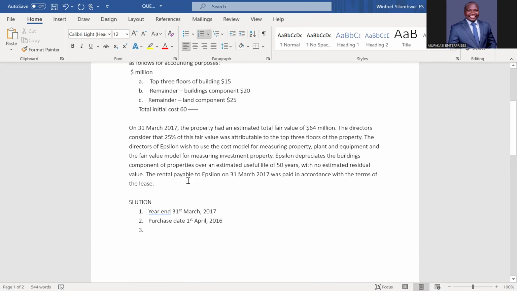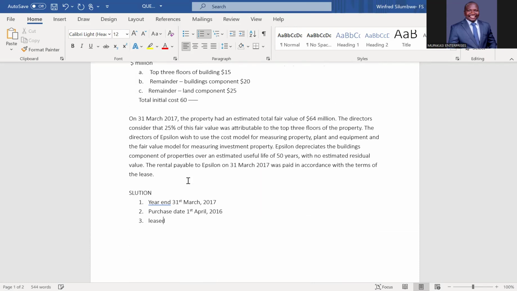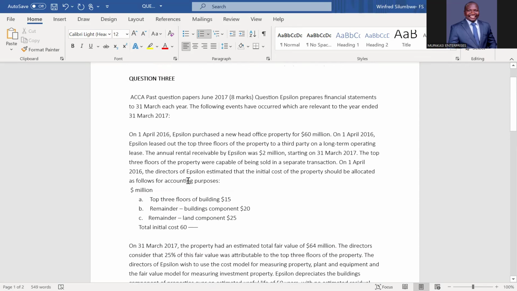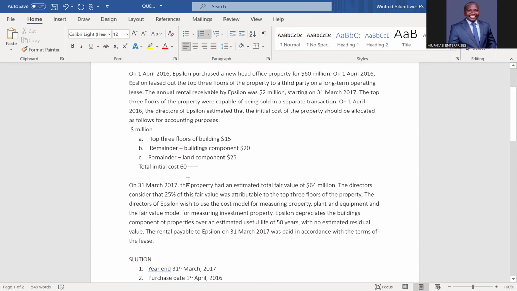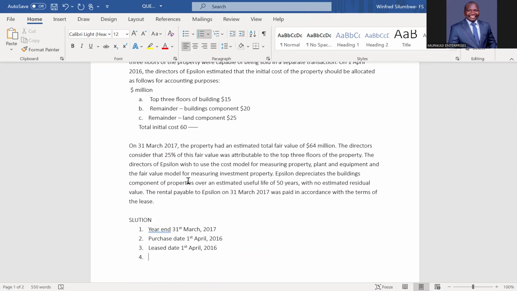Lease date is the same, 1st April 2016. Correct. The other key information is that the total property value is 60 million.